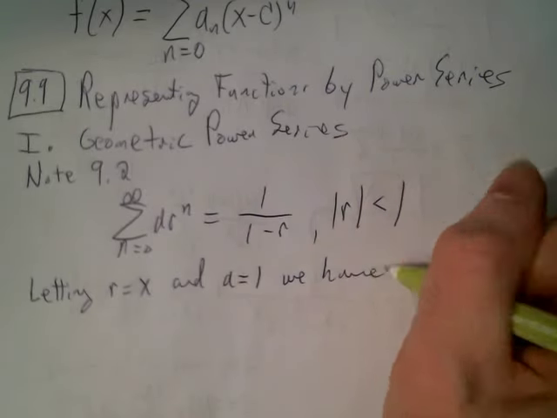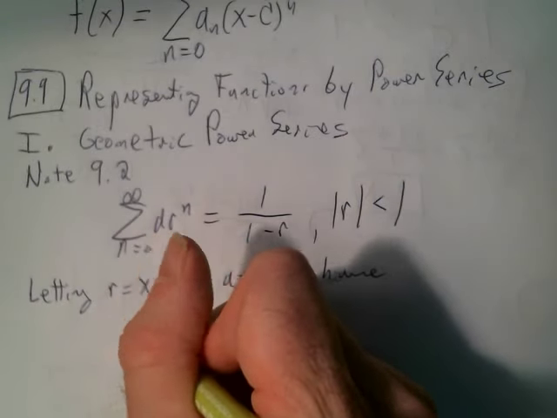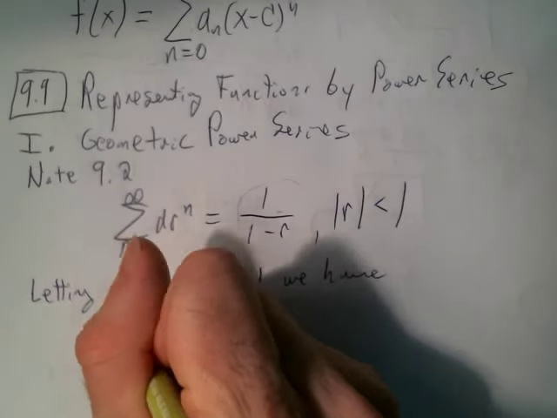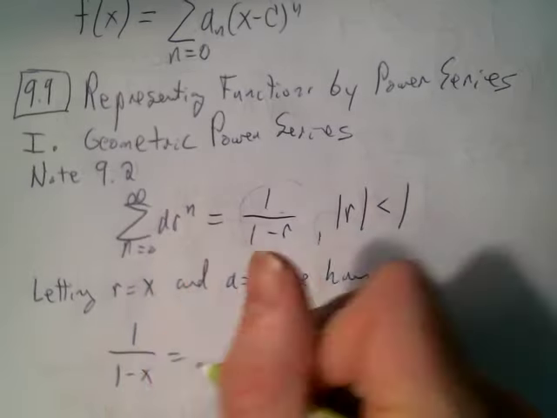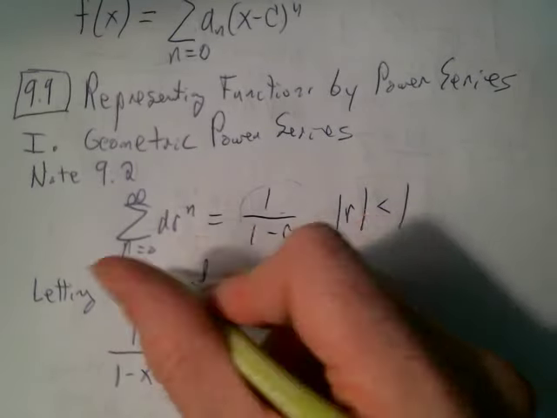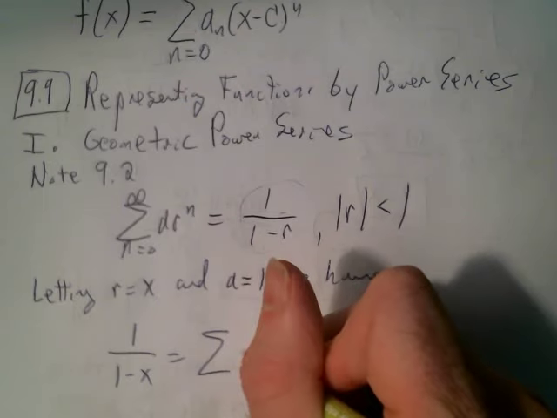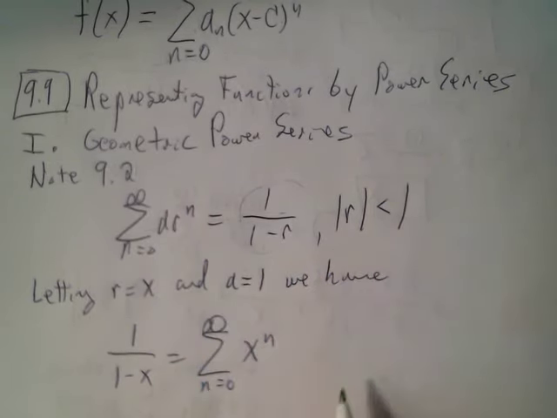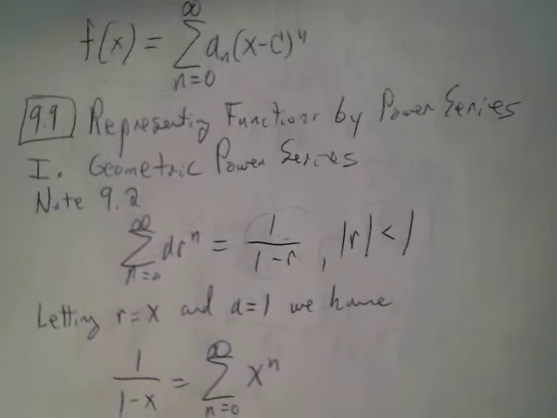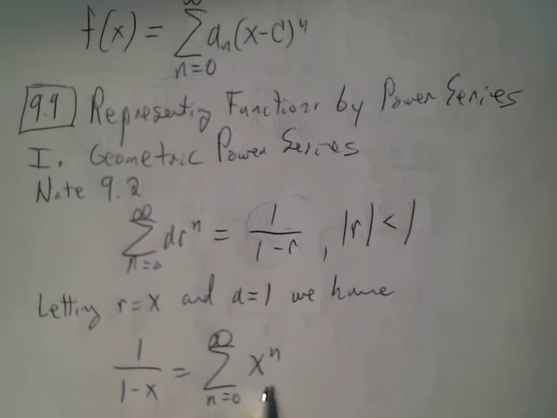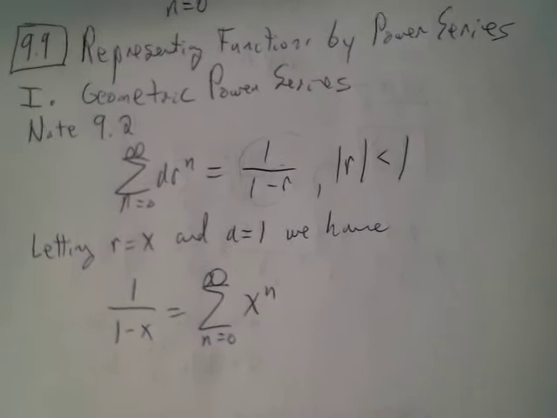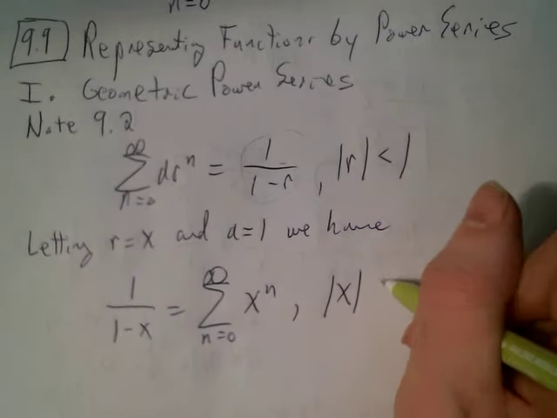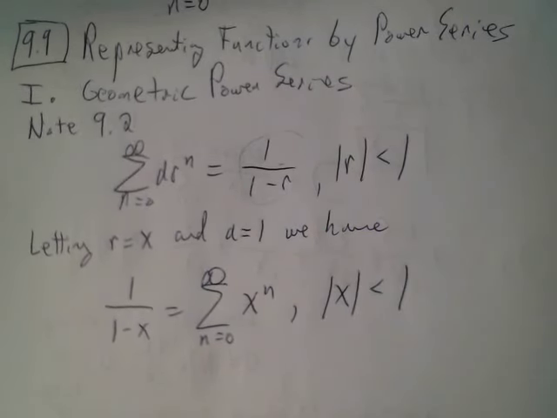We can write 1 over 1 minus x is equal to the power series, x to the n from n equals 0 to infinity. That's just a power series where the a sub n's are 1, the center is 0, and that's it, right? So the radius of convergence in this case will be absolute value of x less than 1.